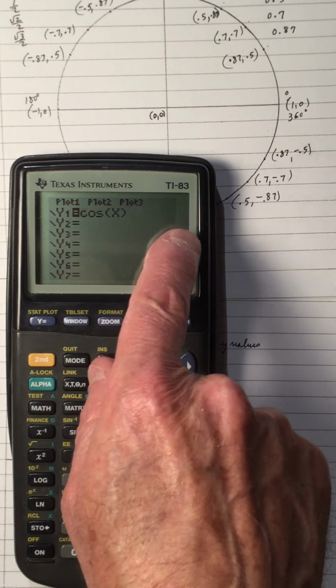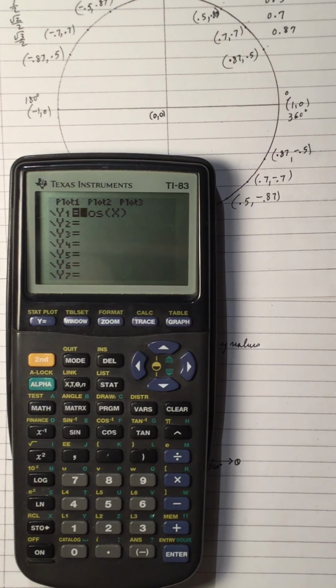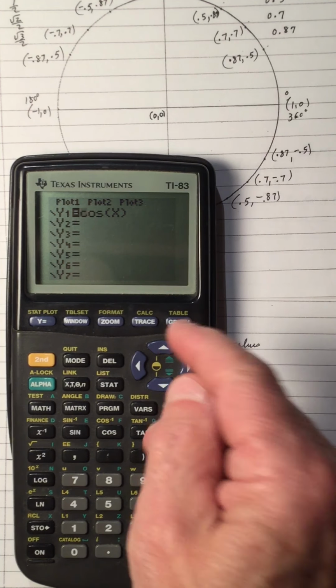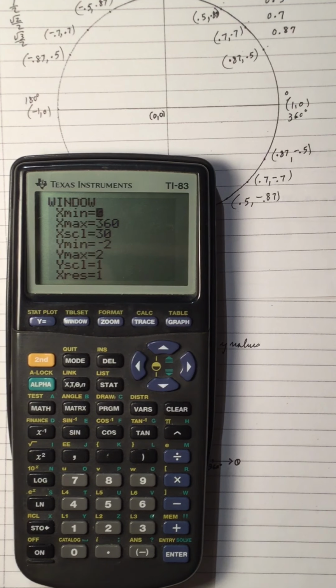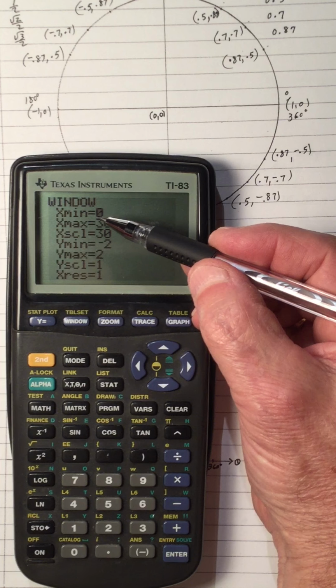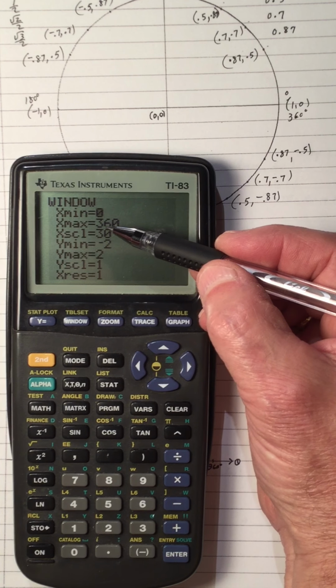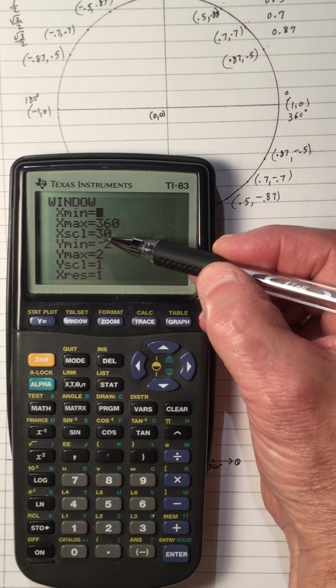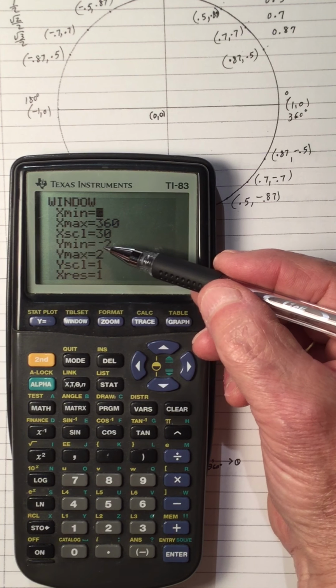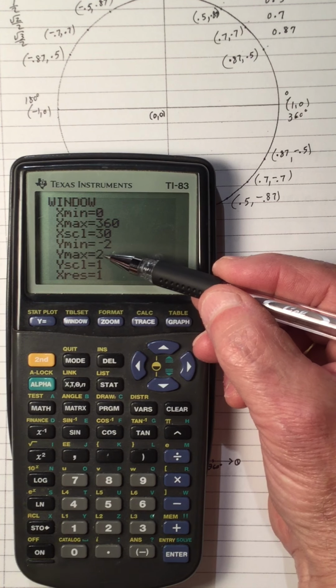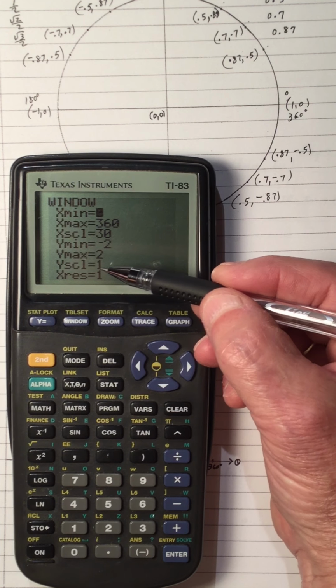I could have cos theta, the x is in the place, same thing as theta. And my window is in my graph, my x value is going from 0 to 360. I got increments of 30 degrees, similar to the graph I got here. My y values are going from -2 to 2.